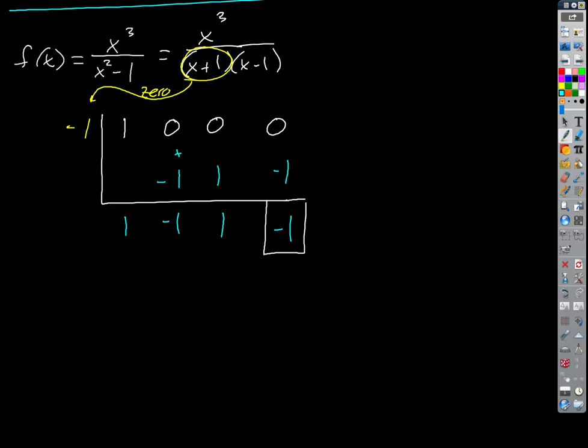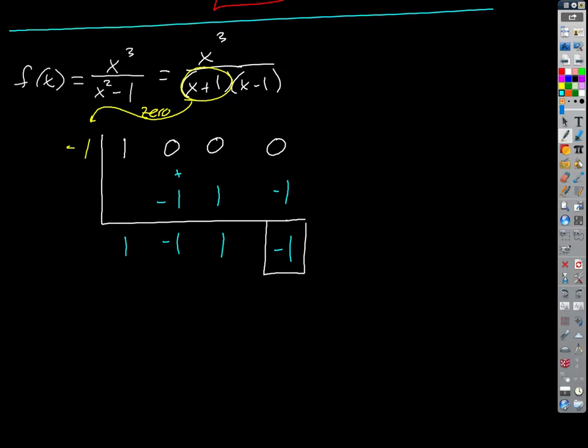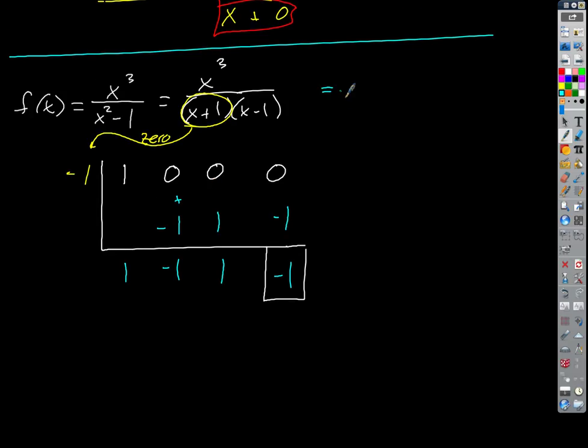These are the coefficients of x squared, and so on. In this case, it's probably not going to end up being that helpful. So now this part becomes x squared minus x plus 1 minus 1 over x plus 1.